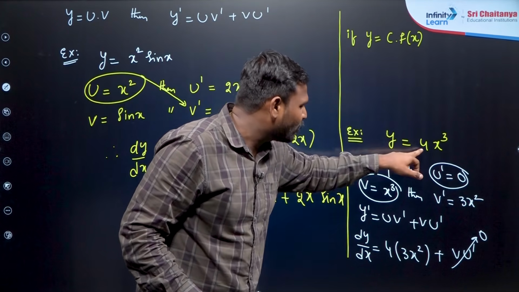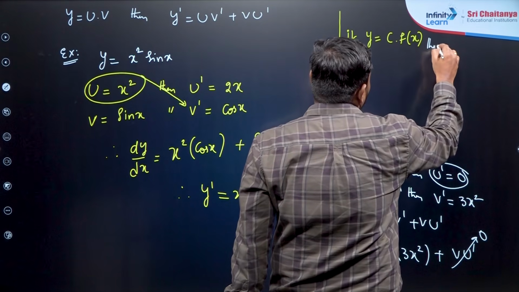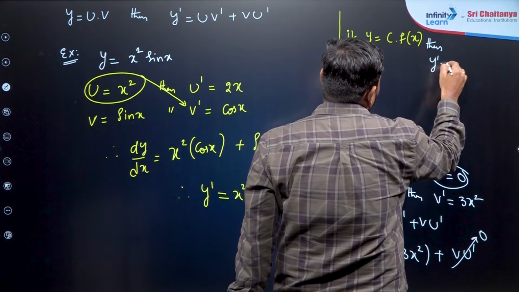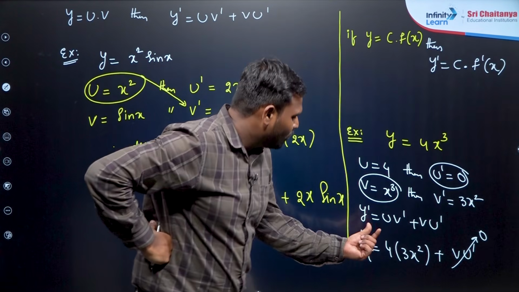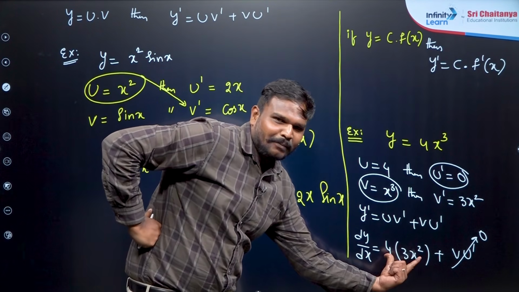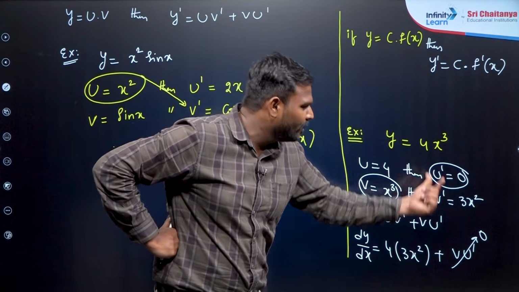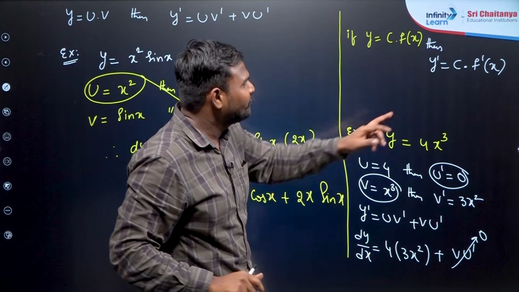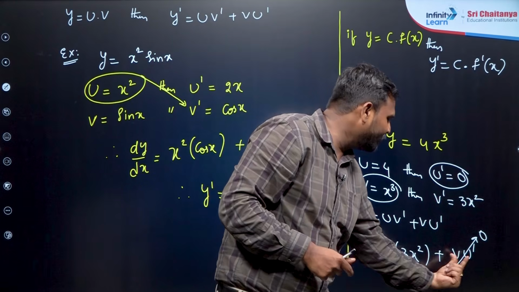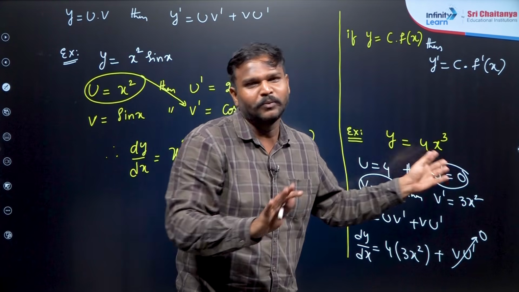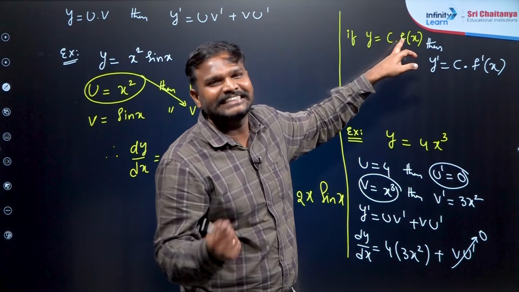Whenever a constant is multiplied by a function, then we can differentiate u into v dash. The v into u dash, the derivative of the constant term, anyway it is going to become 0, as the derivative of constant is 0. So no need to write the second half if one of the functions is constant.